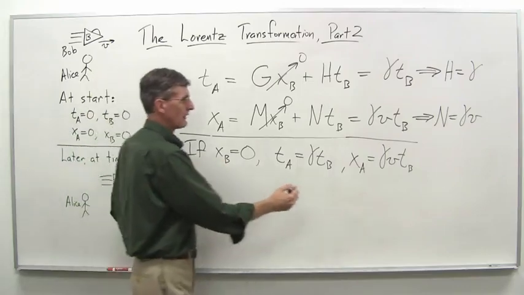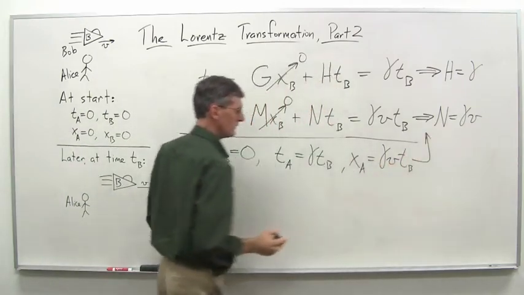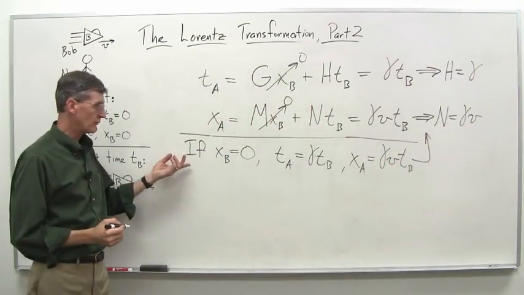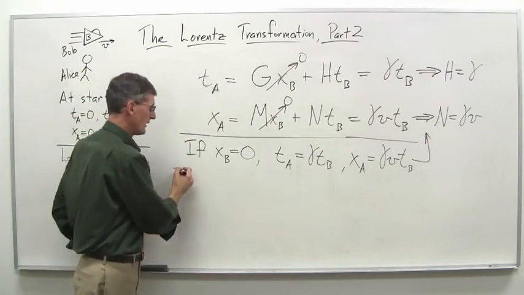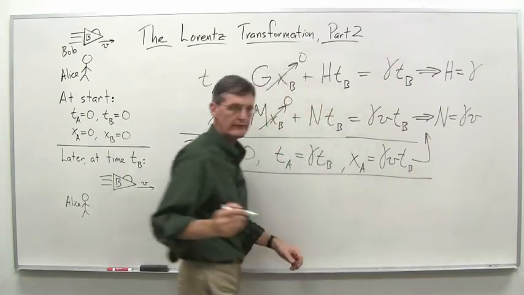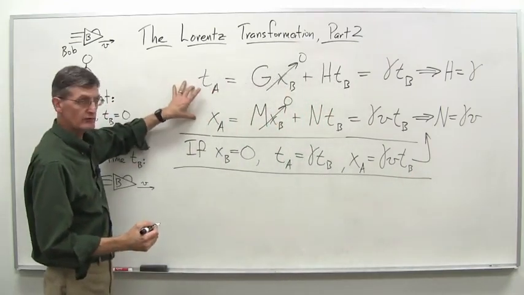Therefore, here's what we've got. So the way we got this is we applied our special case, XB equals 0, to those general equations. And therefore, we're halfway there. Because now we can write our general equations as this.